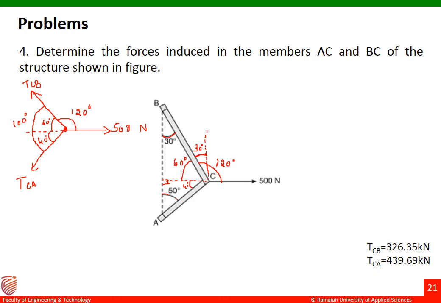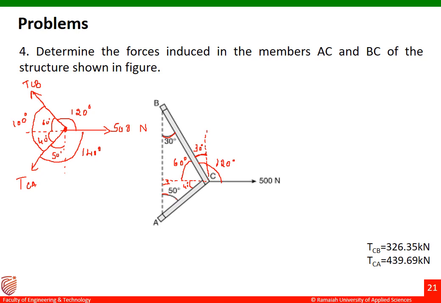Now, if this is 40 degrees, this will be 50 degrees. So the total angle made by TCA and 500 is 50 plus 90, that is 140 degrees.